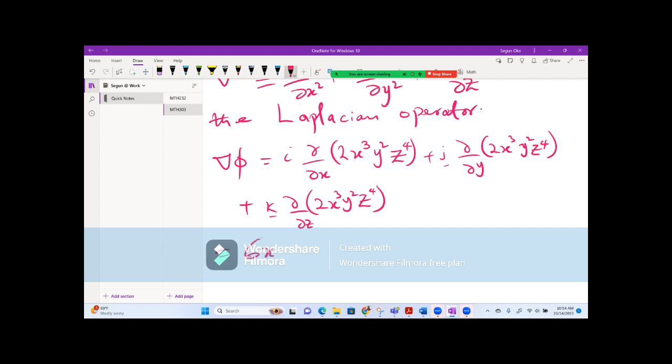We're going to have 6x squared y squared z to the 4 i, plus 4x cubed y z raised to power 4 j, plus 8x cubed y squared z cubed k.